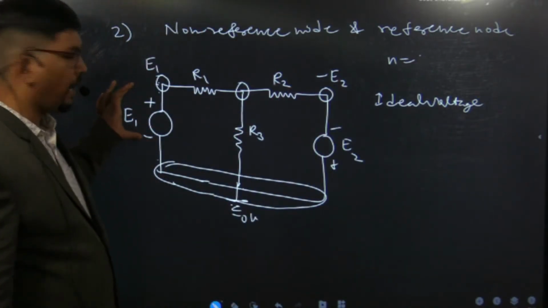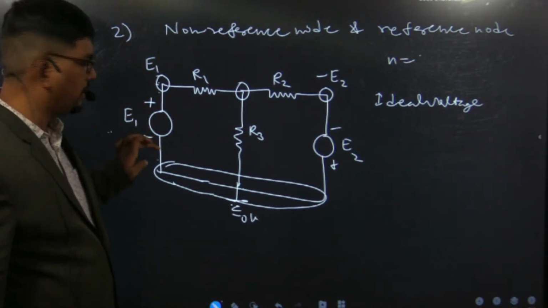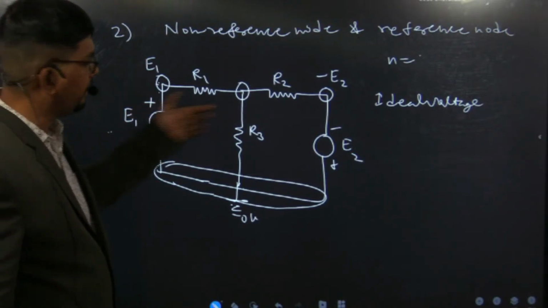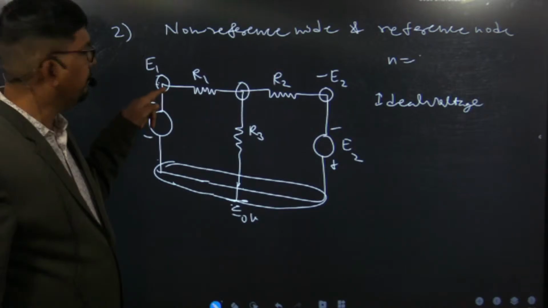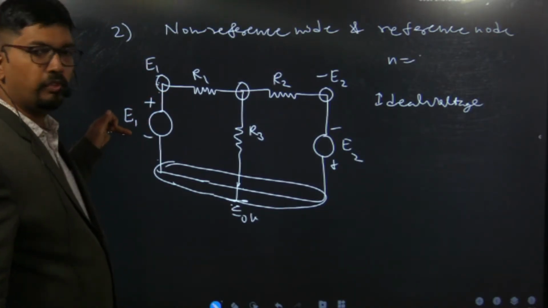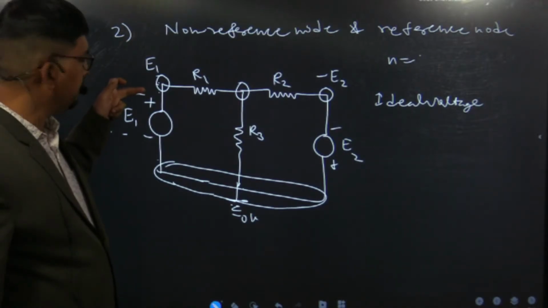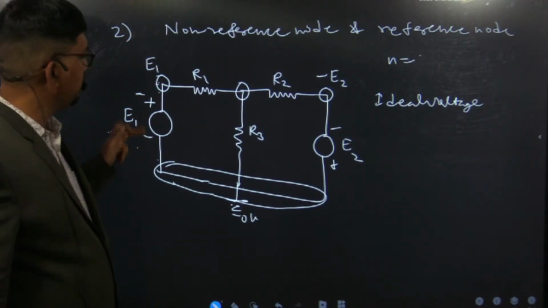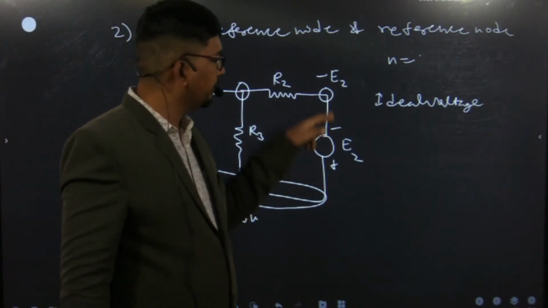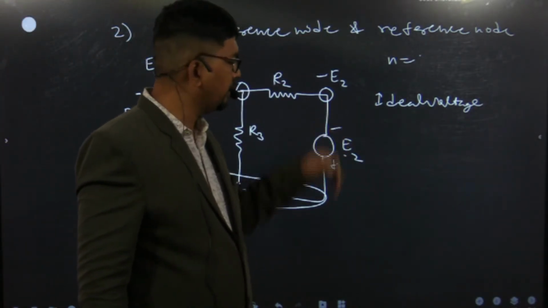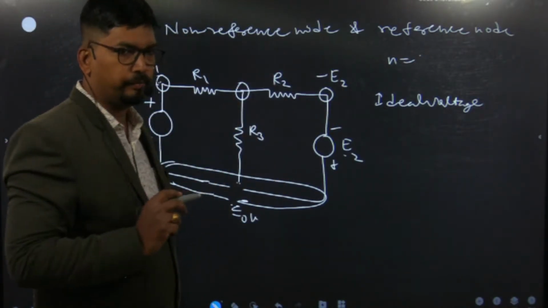It means that for an ideal voltage source, where ideal means there is no series resistance present with E1 and E2, the value of that node will be equal to the value of the voltage source with its polarity. Because here the positive is the upper side and the negative is the lower side, the value of this node will be E1, while here E2 is connected in the reverse order, so the value of this node will be minus E2.